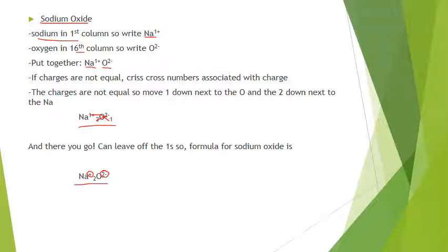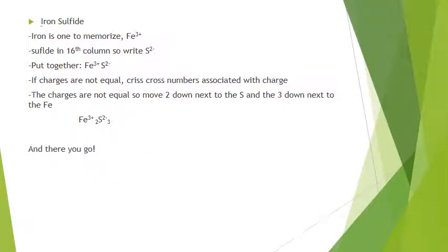So next one, iron sulfide. And just about everybody put FeS. Now, I don't know why. My guess is they just looked up iron sulfide, and it came up with FeS. That's not the right answer. Let's see what it is. So iron is one of the ones you had to memorize. It's Fe3+. Sulfide is in the 16th column, so it gets a 2 minus.